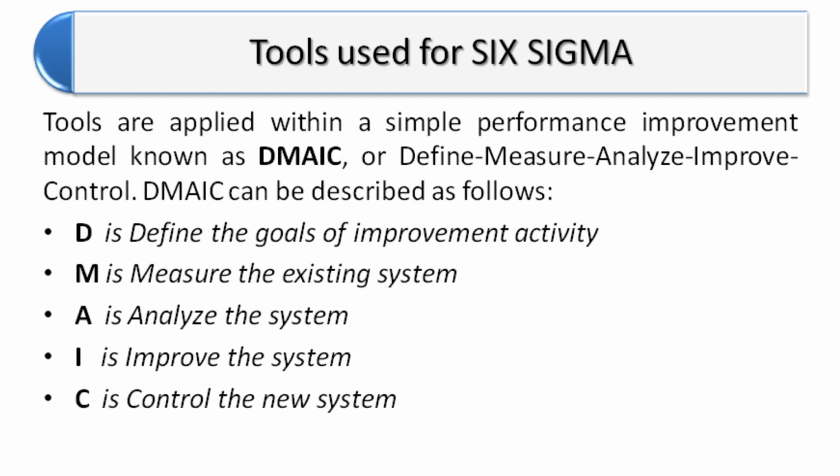Here D stands for define the goals of the improvement activity. At the top level, the goals will be the strategic objectives of an organization, such as a higher rate of return on investment or market share.